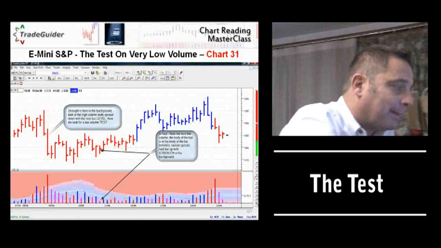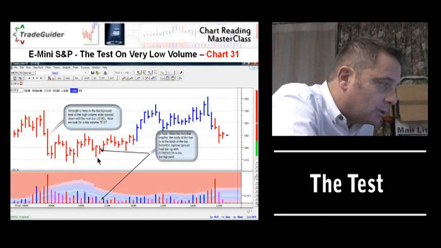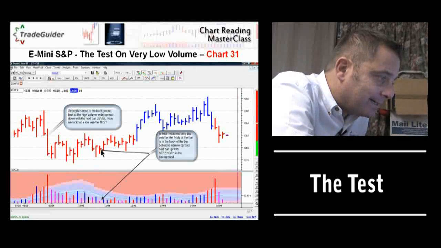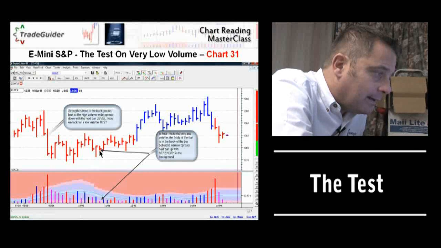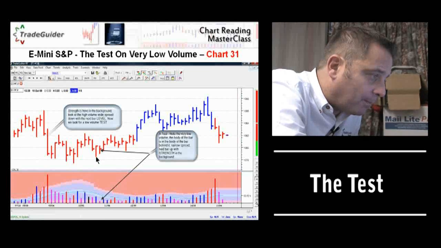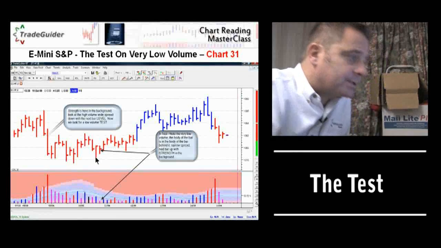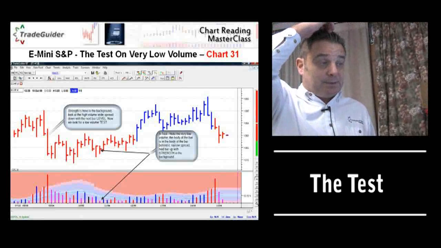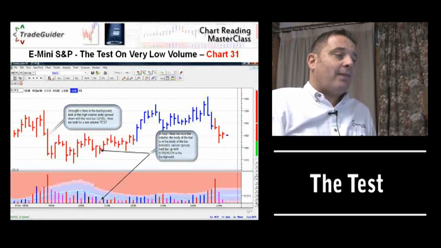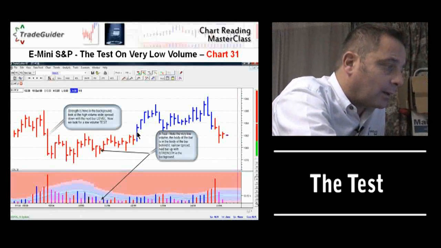Now the other thing that had happened, we'd already made two higher lows, just here and here, and then we get a test. Okay, this bar here was my entry bar with my buy order just above. Okay, and I put my stop below the bar behind it, which was just there. Now the reason I picked this particular chart was because from that test it churned a bit, and then finally we got the breakout trade.